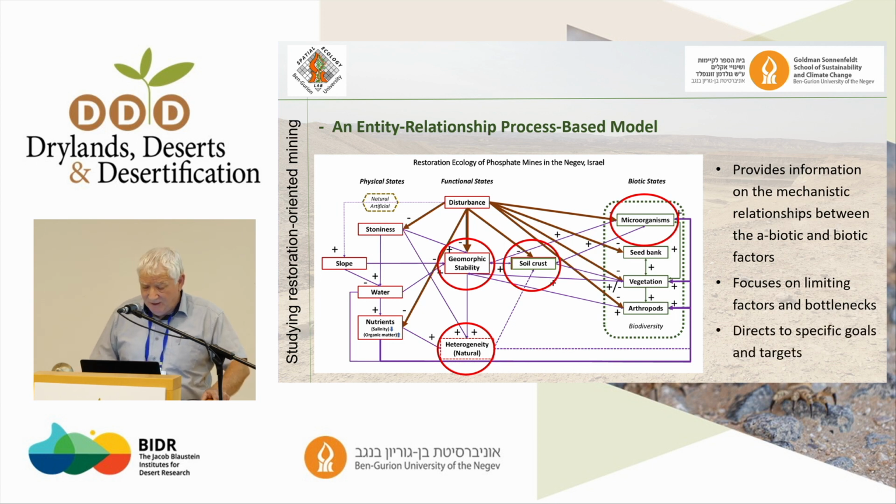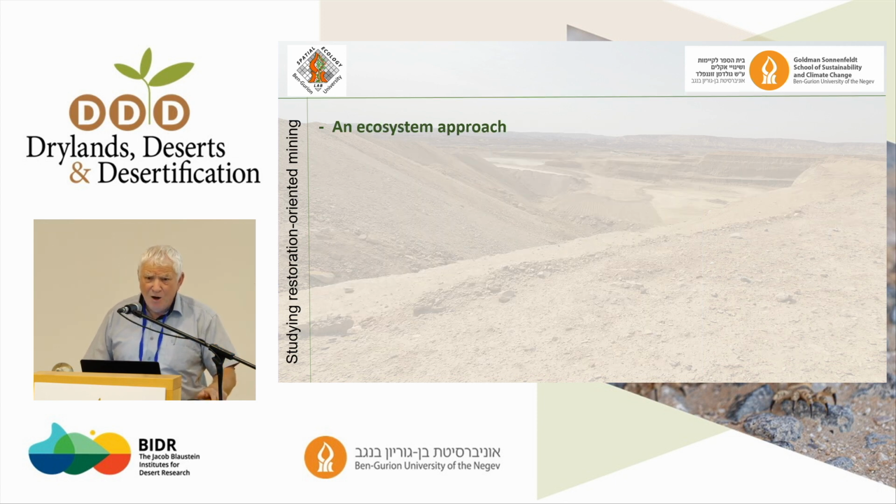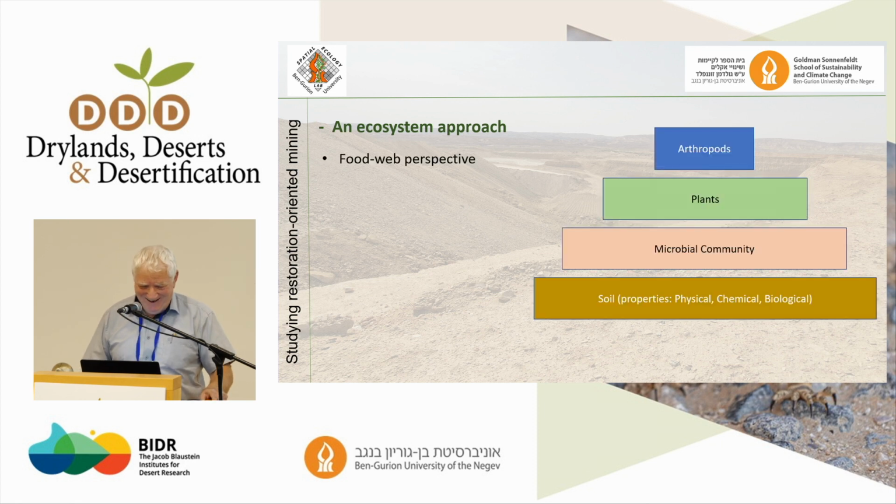So this definitely directed us to specific goals and targets, because you cannot experiment with everything. You must understand where you want to go with the limited time and resources that you have. Something that I always recommend when you do restoration is to have a mechanistic model that will give you direction, and you can always go back and see if you did the right thing. I hope we are doing the right thing.